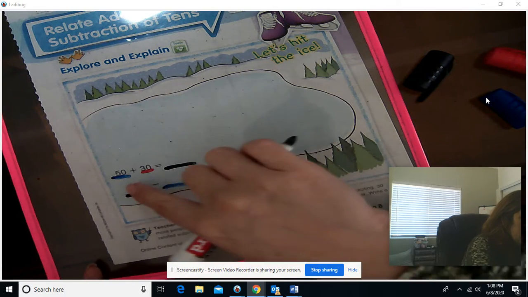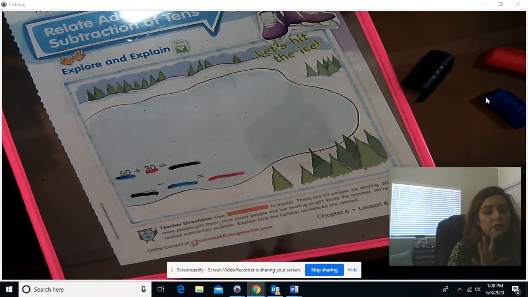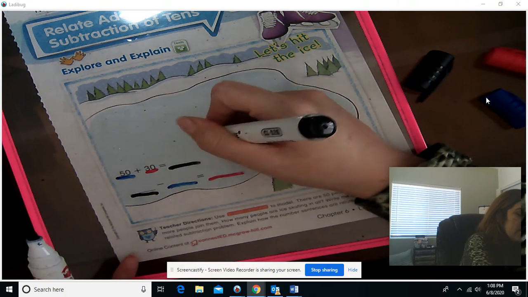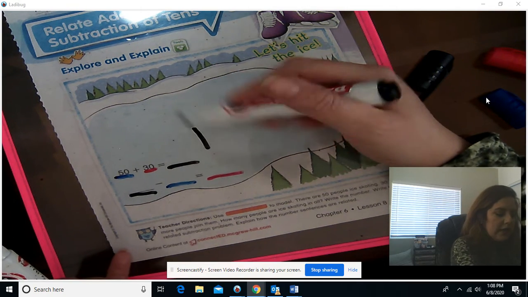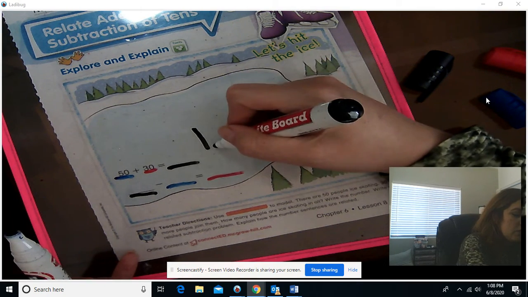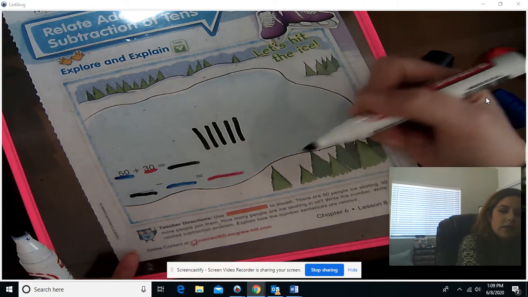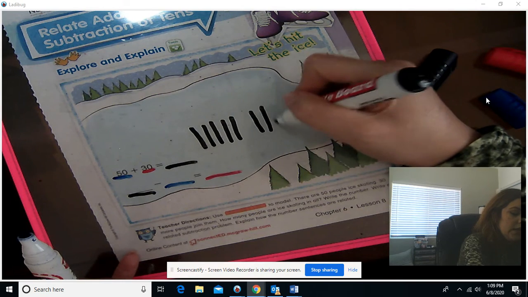So if I know that 50 plus 30, what does that equal? I can do this two easy ways. I can draw myself a picture like 10, because I know that this bar represents 10, right? 10, 20, 30, 40, 50, plus 30 more. 10, 20, 30.